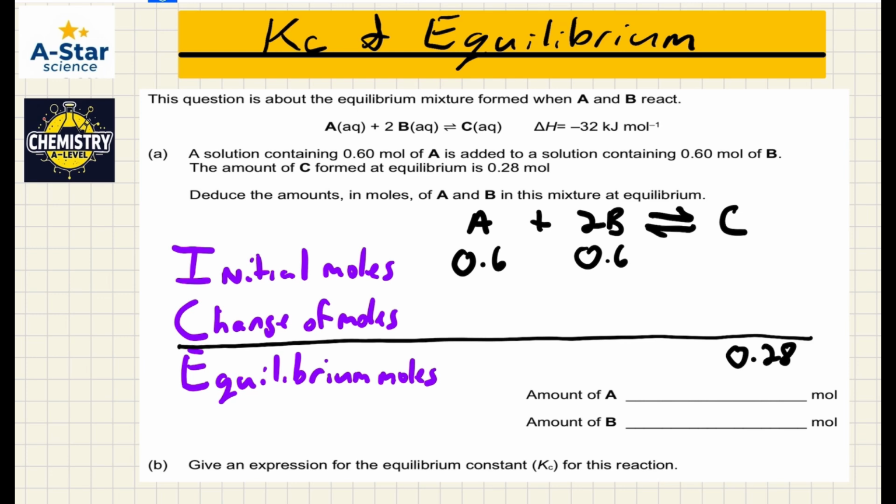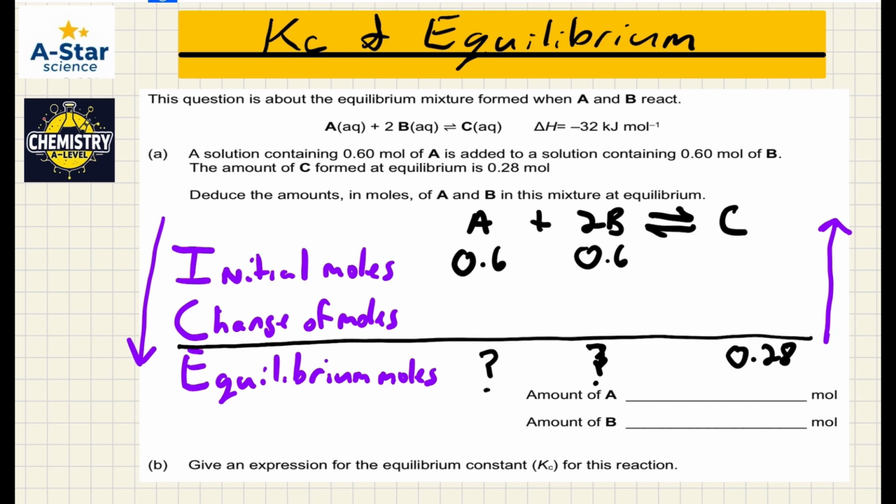And they want us to find out what A is at equilibrium and what B is at equilibrium. Well, for an equilibrium reaction, when one thing goes down or up, let's say this one goes up, then the other side must go down.